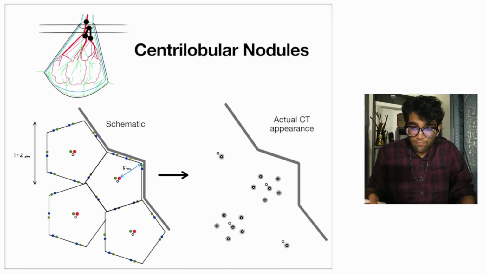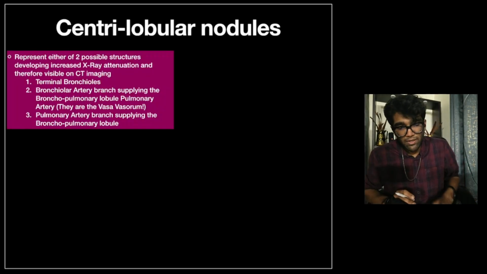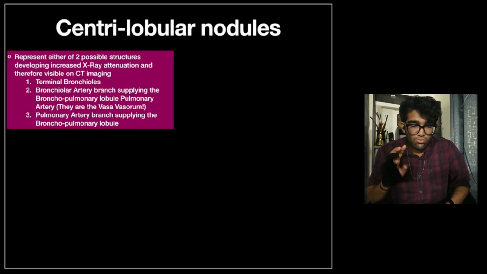Now a centrilobular pattern can be due to essentially one of three things. There could be involvement of the terminal bronchiole, there could be involvement of the pulmonary artery, and there is a small possibility that there could be involvement of the branches of the bronchiolar arteries.